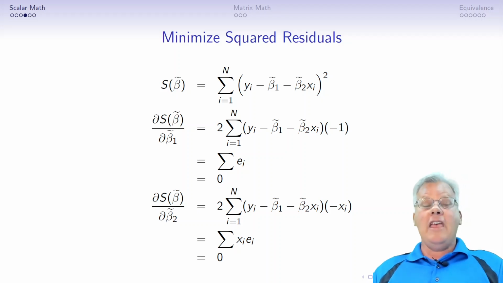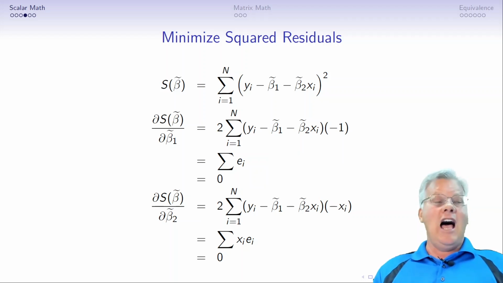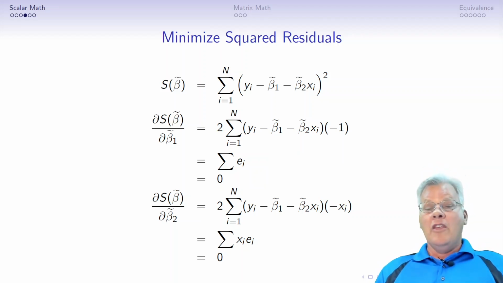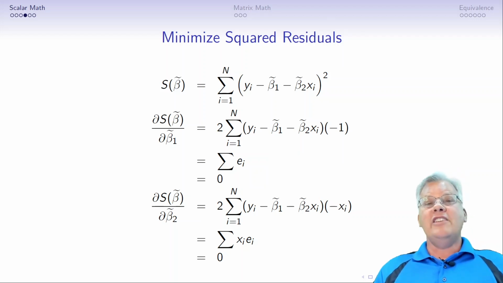Then, when we differentiate the sum of the squared residuals with respect to beta tilde 2, we get this second expression: the sum of x sub i e sub i is equal to 0. These two equations, the sum of the residuals equal to 0 and the sum of each residual multiplied by the explanatory variable x also equal to 0, are called the OLS normal equations.